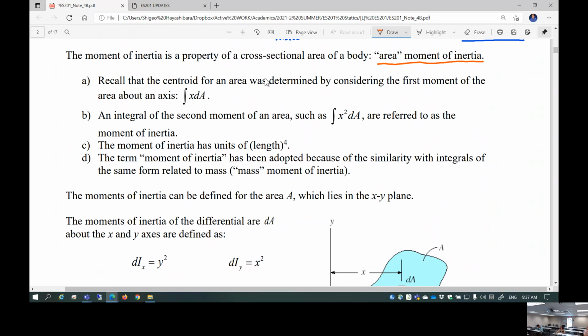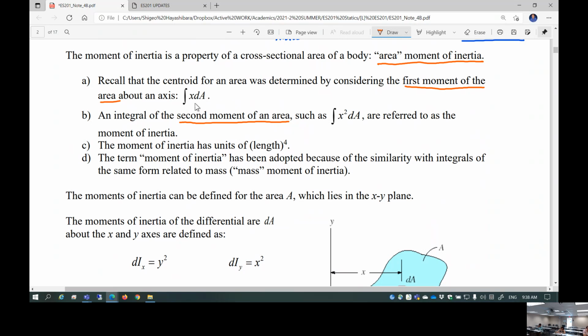Oftentimes, this is called the second moment of an area. Have you ever seen this? This is the first moment of the area. The first moment of the area was used to determine the centroid. Is that right? We use this for the centroid.